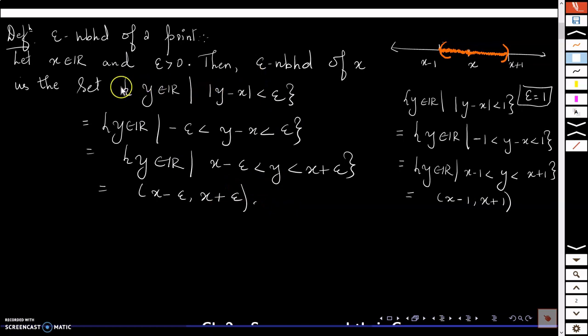So I can also consider the epsilon neighborhood to be this set, and that is equivalent to this open interval x minus epsilon comma x plus epsilon. Okay, so this is called the epsilon neighborhood around the point x. Clear? Next, I have one more definition.